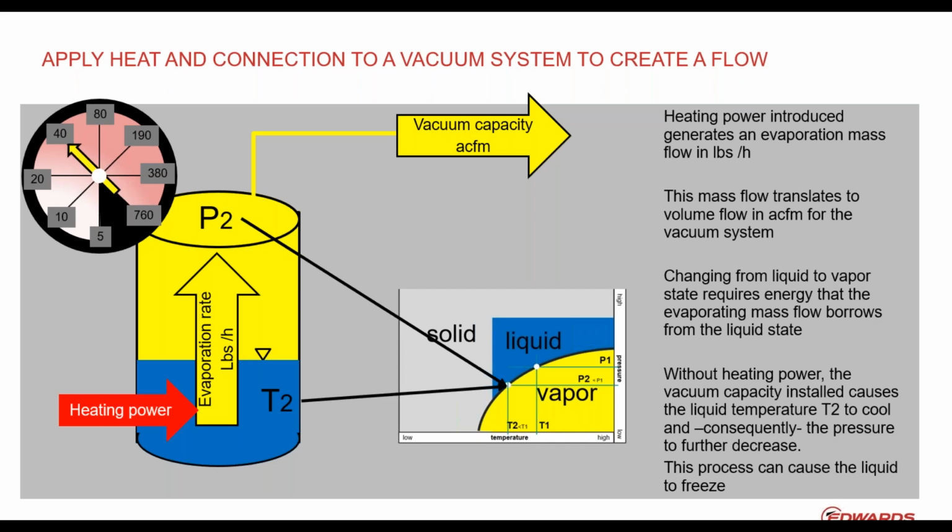There would be an evaporation rate, the vacuum pump would drive it, but it would borrow energy from the liquid, which means temperature T2 goes down. You cool the system down. The heating power is to prevent that from happening. You want a stable temperature at which to distill this fraction, the liquid. You want to turn the liquid into the vapor state at a certain defined temperature. So you can see already where this is going.